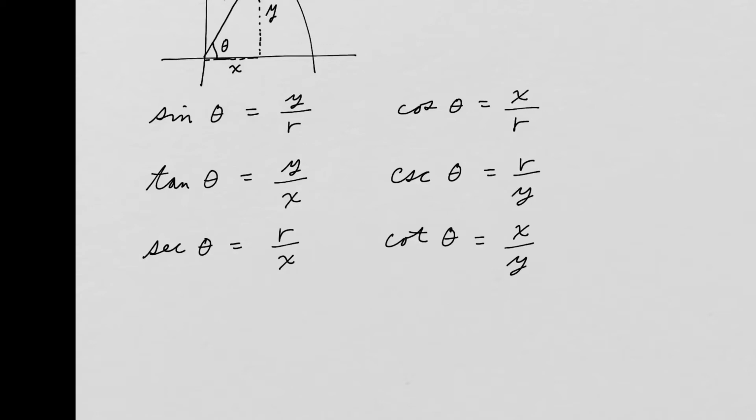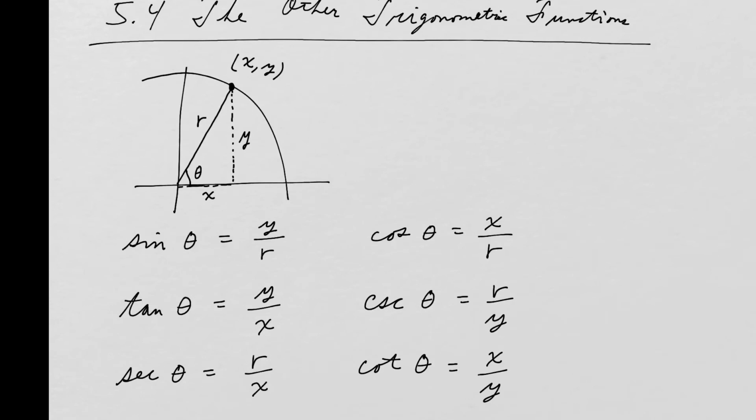Okay, so again, I'll write the other ones out here in terms of the names. So we had tangent, that's tan. Secant, so SEC.